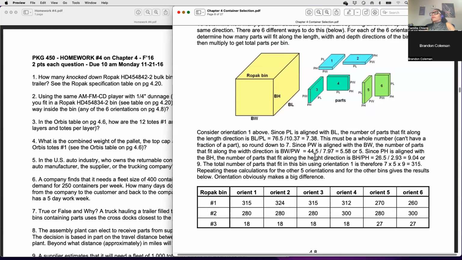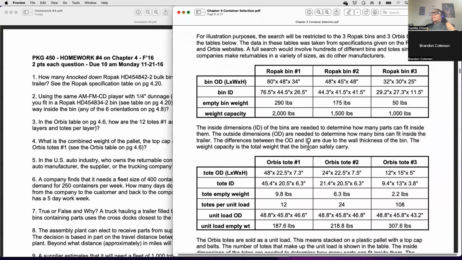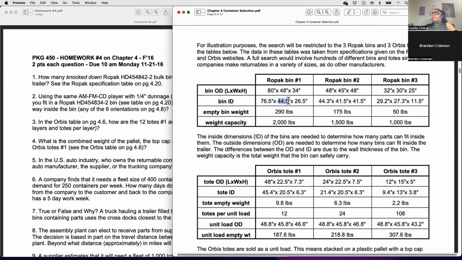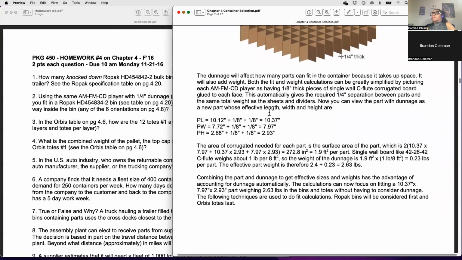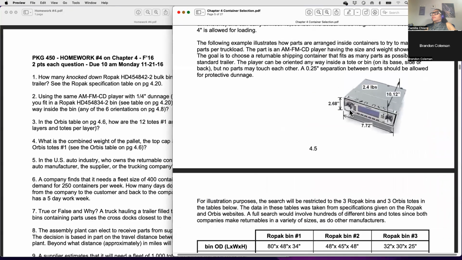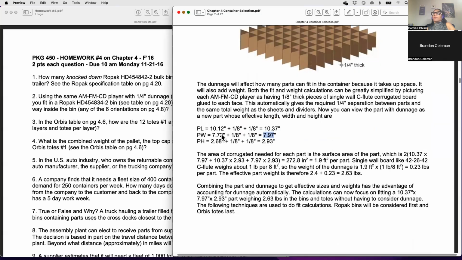So again, we look at the width of the part and the width of the bin, and you're going to get 44.5 divided by 7.97, which is this plus the thickness of that corrugated board. And that is how they came to this part width.